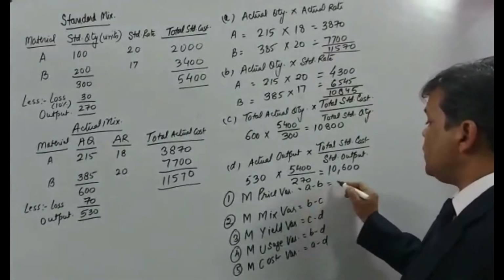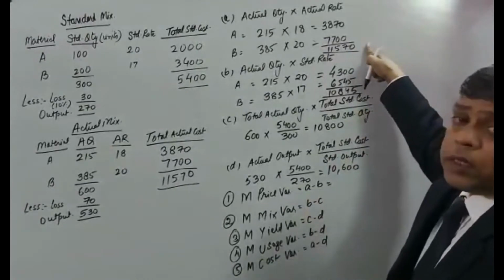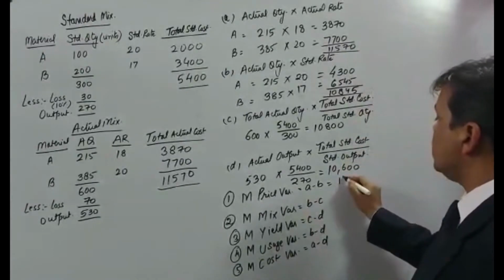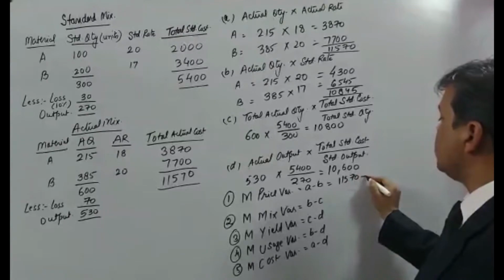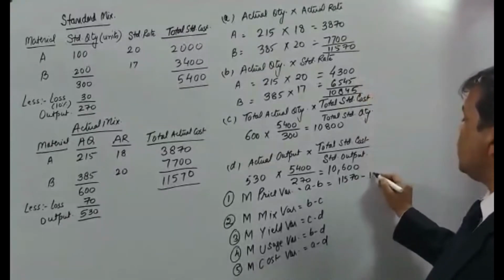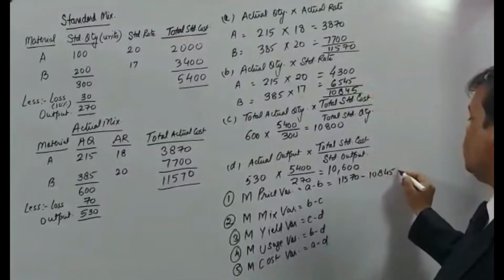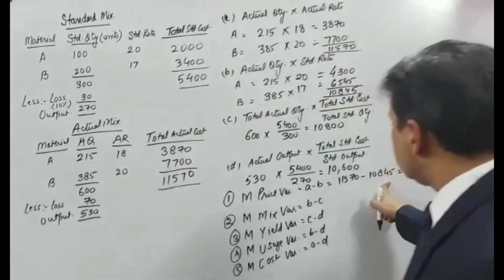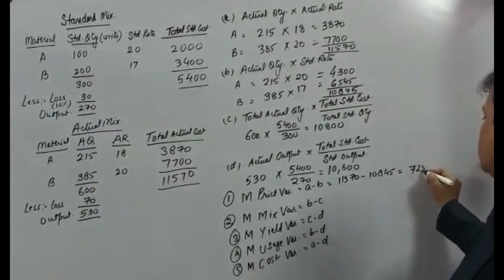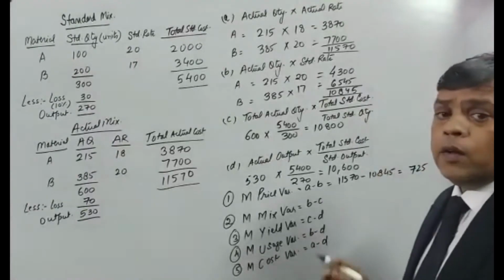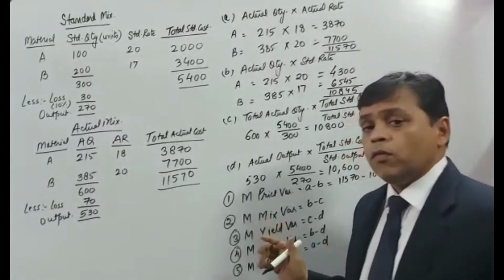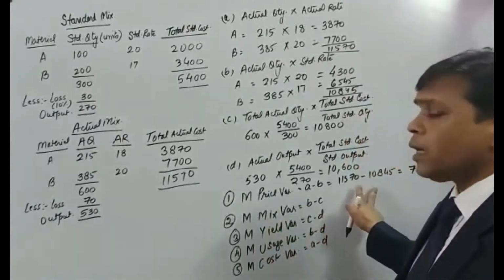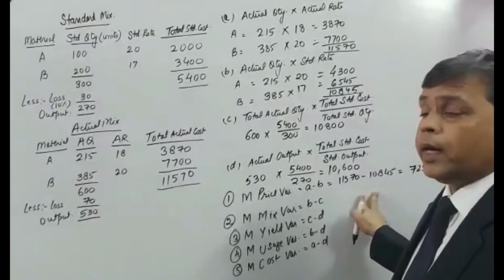A minus B basically means we take the amount calculated on A, that is 11,570 minus 10,845. If we solve this, it is going to give you 725, right? In variance or standard costing, the answer can either be positive or negative.